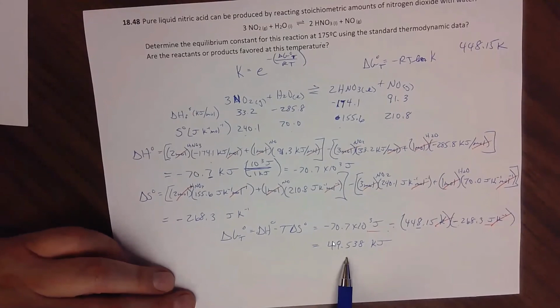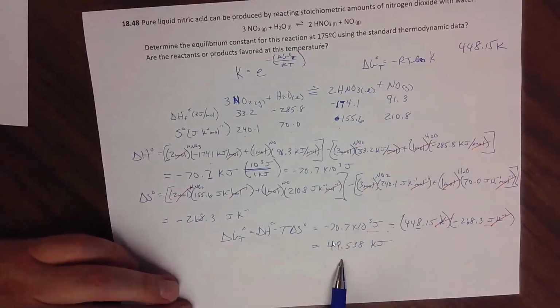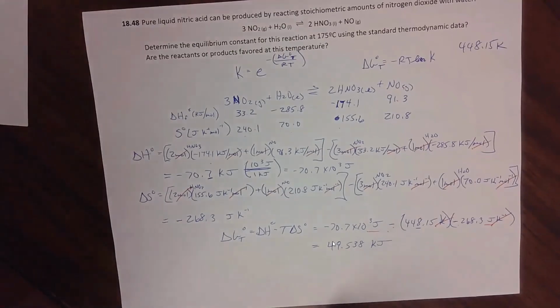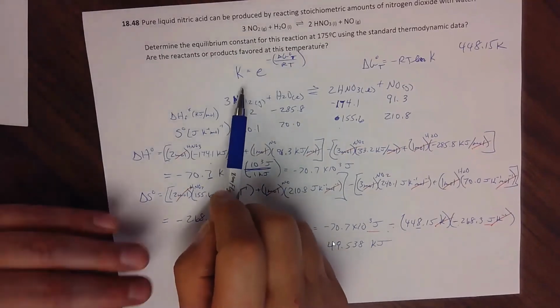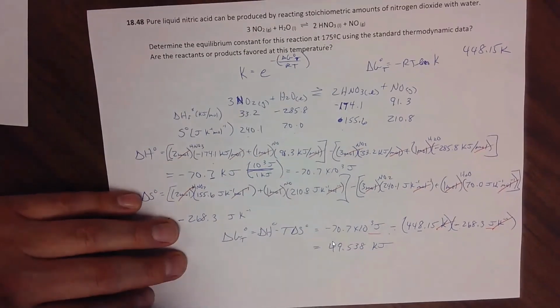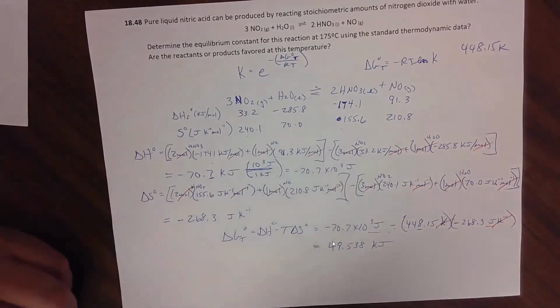It's going to be non-spontaneous. Okay, and if a reaction is non-spontaneous, how does that relate to the value of K? It means that it's going to go back to the reactants. And what does that mean about the value of K?